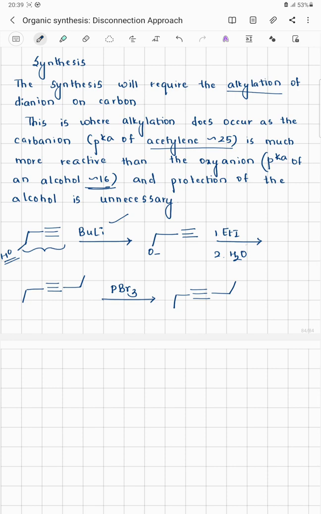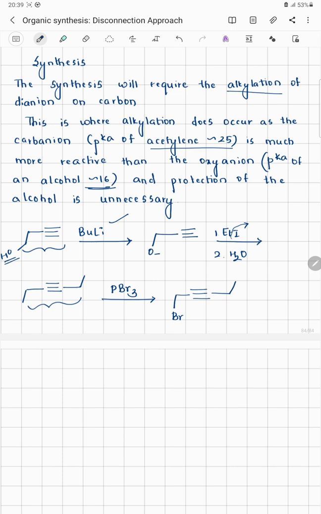This reacts with ethyl iodide under alkylating conditions. Oxygen can easily attack the ethyl system, so that iodine acts as a leaving group. In turn, I will be able to get an acetylenic system. If I can get an acetylenic system in the presence of PBr3, I can easily synthesize my target molecule.